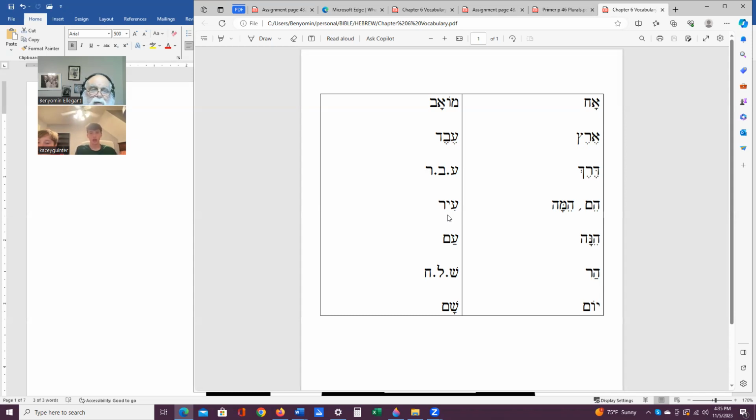Think of that as the beginning of the word Yerushalayim, the city of peace. Caleb. Is that peoples? Right. People. It really implies a nation. It's not you and me and a crowd of people. It's like a nation.